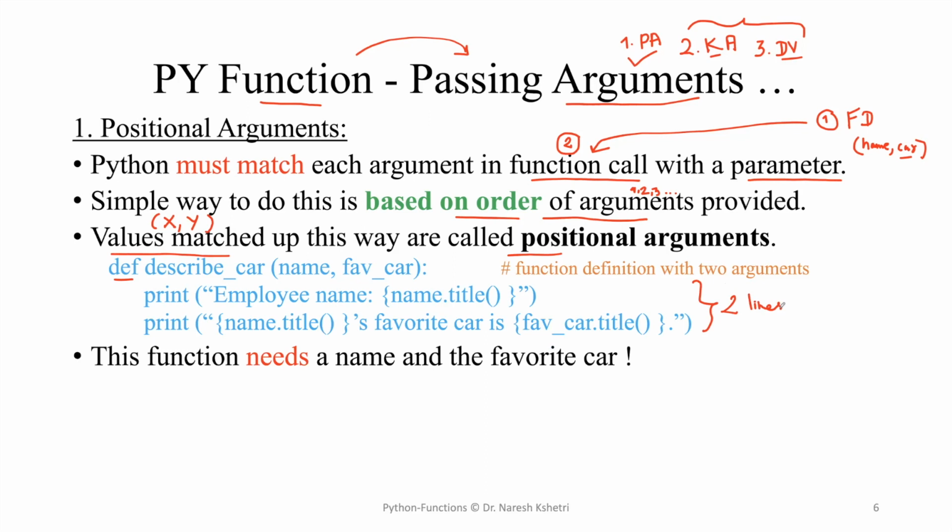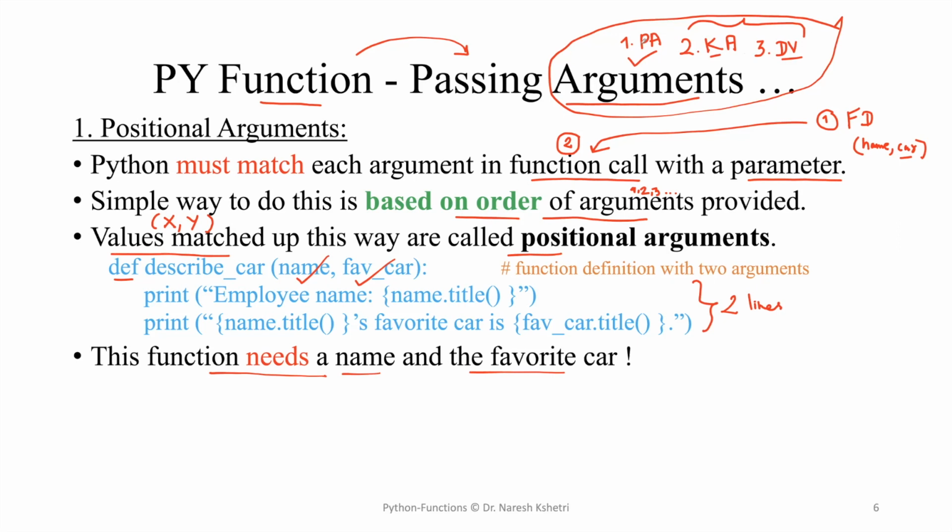And then when we call that function, it needs a name and the favorite car. These two things we can pass in three ways: positional arguments, keyword arguments, and default values.